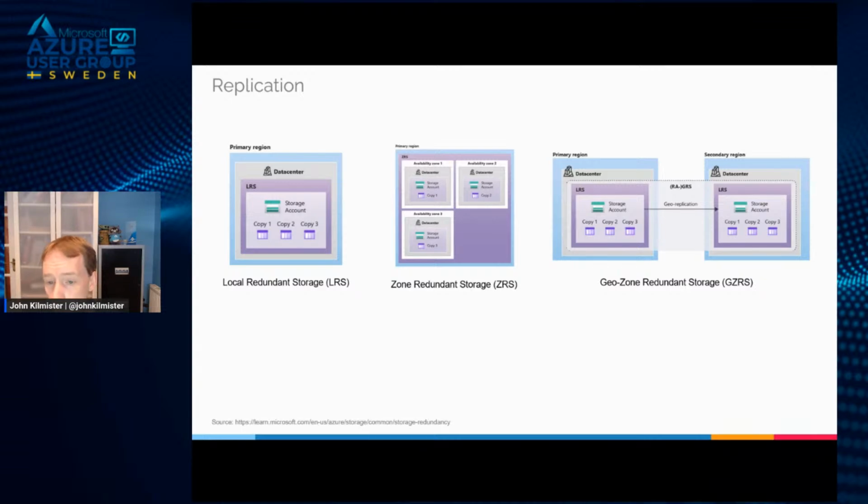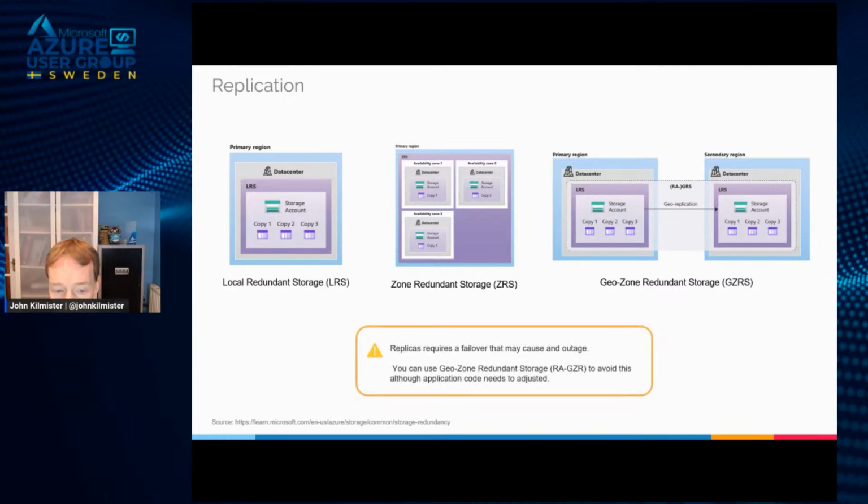And that might not be a problem for you, but if it is, you will want to be looking at the read access options. All of these types that I've spoken about so far have an SLA of 99.9%.